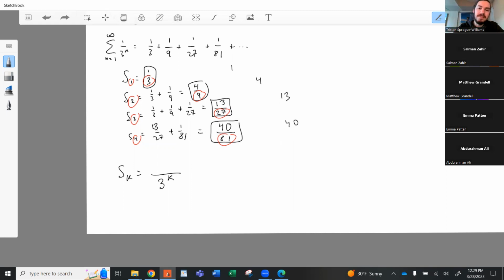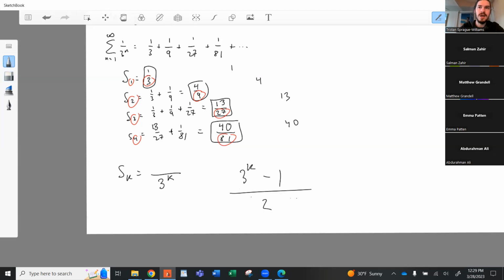Oh, maybe it's 3 to the k -1 and then divide by 2. So what Braden's saying is a half of 3 to the k and then -1/2 instead of -1. So it's like having the -1 inside in the numerator instead of outside of the numerator. Like that.